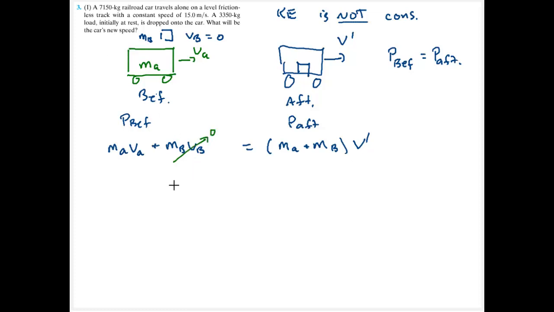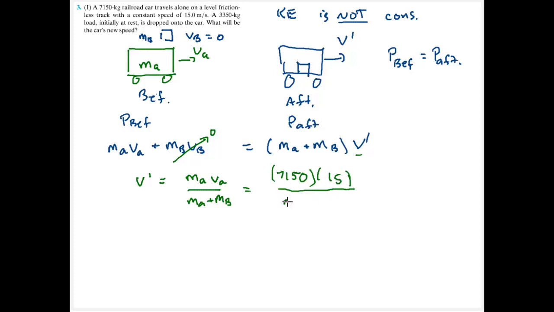Now, I know velocity of B was initially 0, not moving, and I simply solve this for V prime, which is the velocity I'm interested in, by dividing both sides by the sum of the masses, as such. Now I simply plug everything in. So 7150 is the mass of A, my cart right there, and it was initially traveling at 15 meters per second.